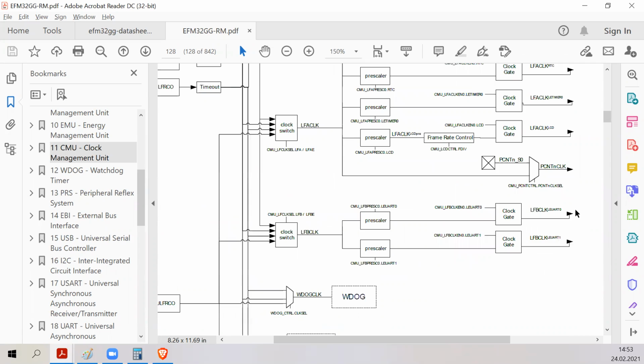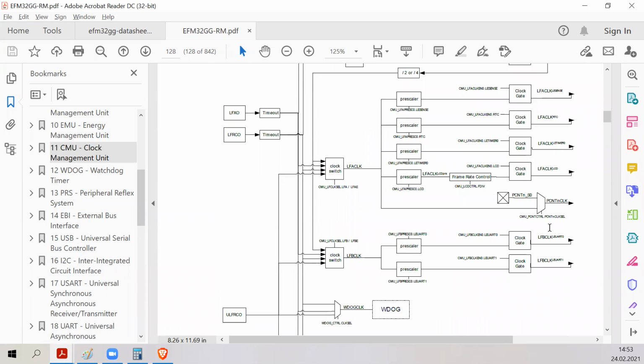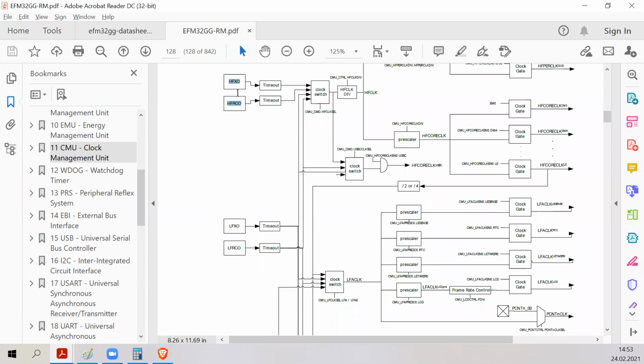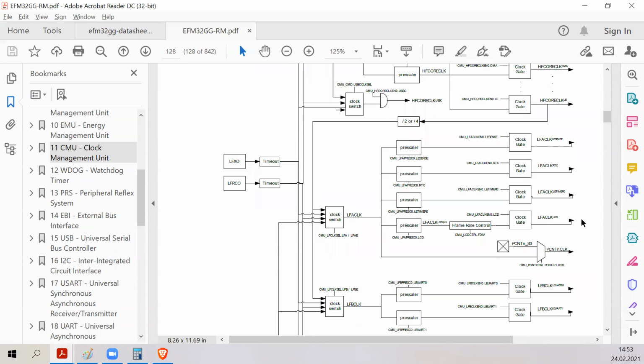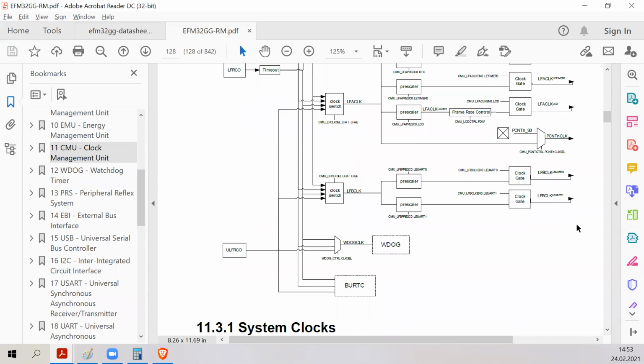So at high frequency, they can, from high frequency clock, they can run at maximum speed. I think it's something like 1 megabit per second. But if we're running them from low frequency oscillators, then we have to also slow down their data transmission speed to 9,600.